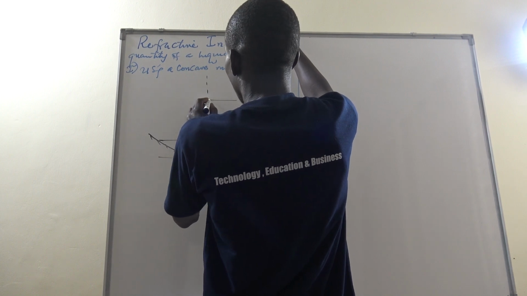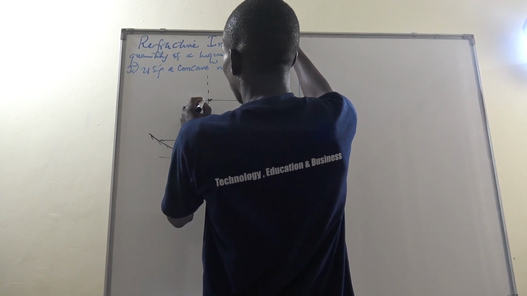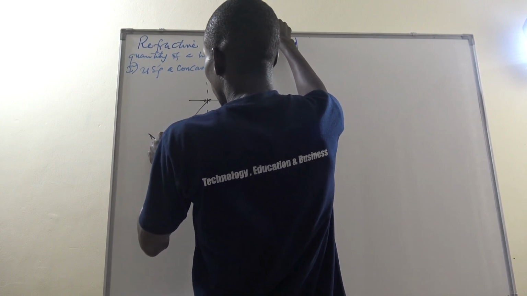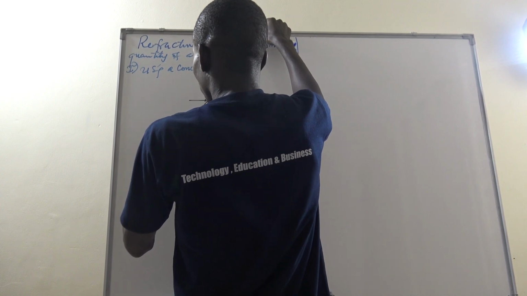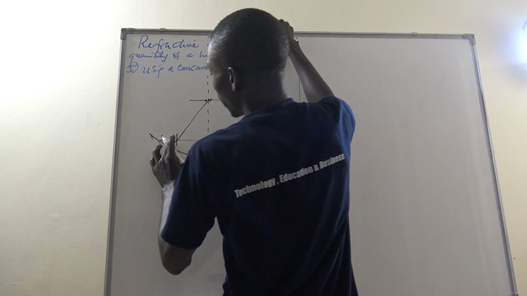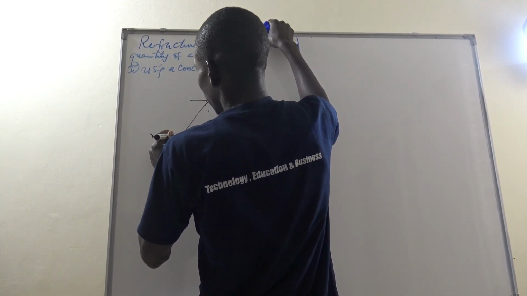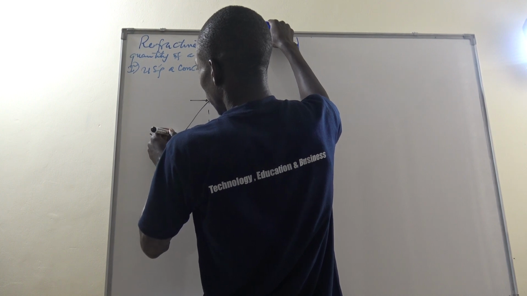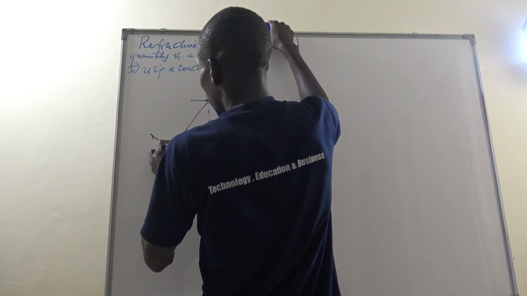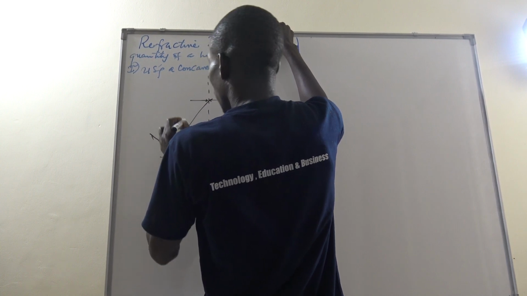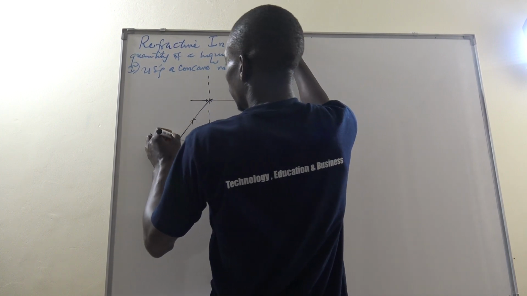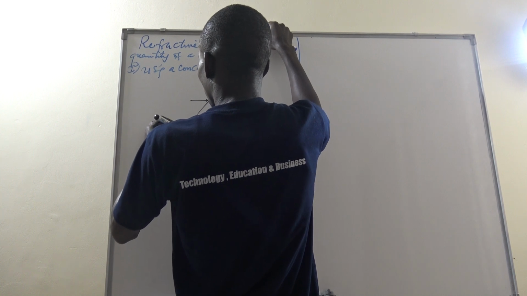If I have this as my object, as image, this will happen like this. This will be refracted there, like this. There's refraction there, please. So this one like that, and then this will appear to be coming from here.